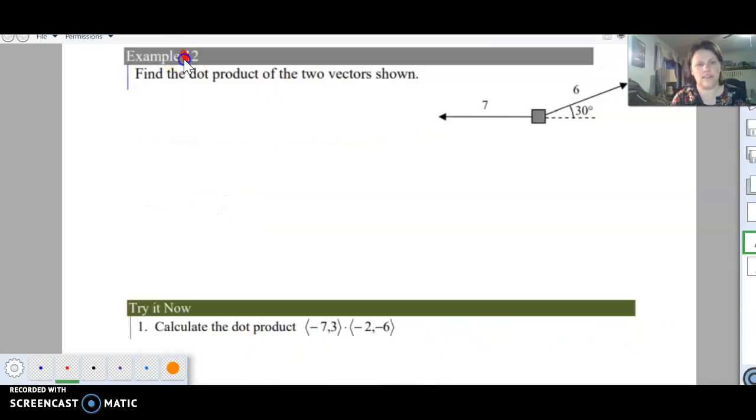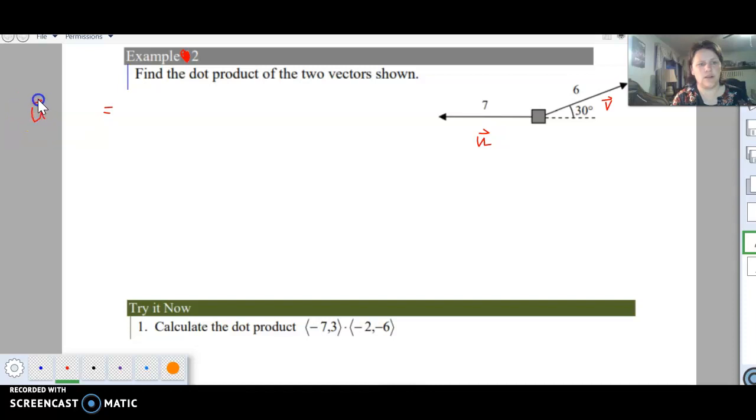Okay, so for this next example, example 2, find the dot product of the two vectors shown. In this case, they're giving us the magnitude of two vectors, and they're giving us an outside angle. So one of the ways that we can find a dot product, let's call this vector u and this vector v.